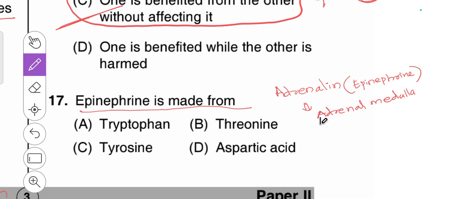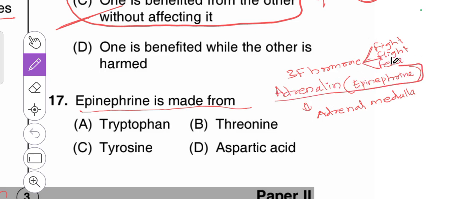The adrenal medulla hormones are commonly called emergency hormones, that is 3F hormones: fight, flight, and fear hormones.